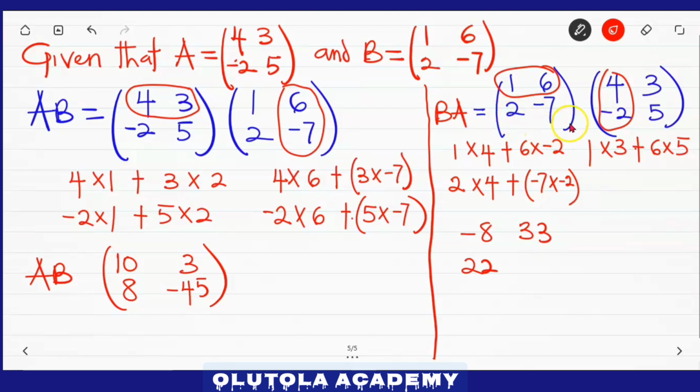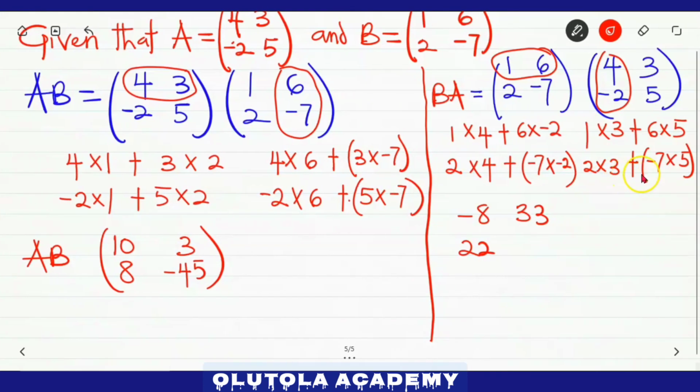Then we go for the last element. This row multiplies this column. So we have 2 times 3 plus -7 times 5. So 2 times 3 is 6, plus -35, and that will give us -29.